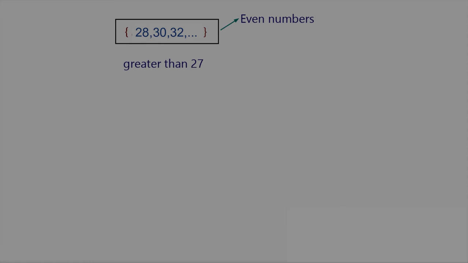What about these sets of natural numbers, can you write them in set builder form? So far we can see that they are even natural numbers that are continuing. We can write it in set builder form as x, such that x is an even natural number greater than 27.